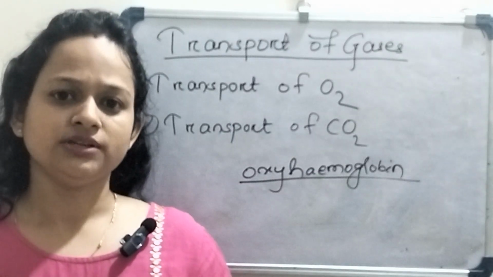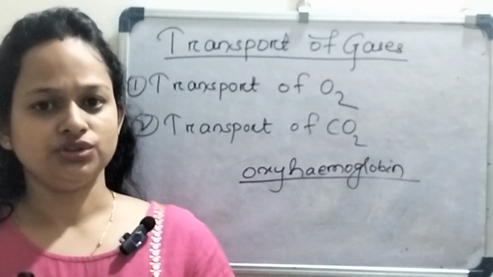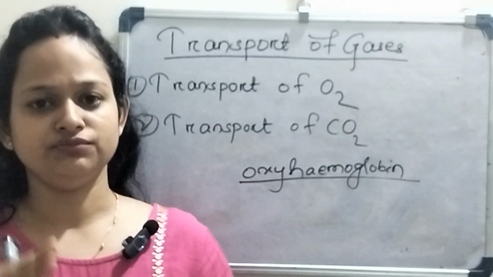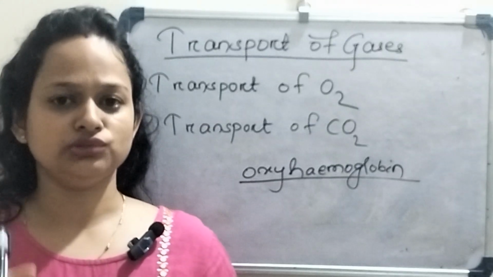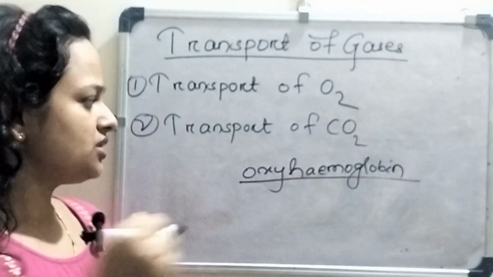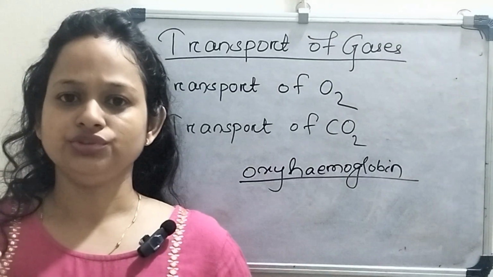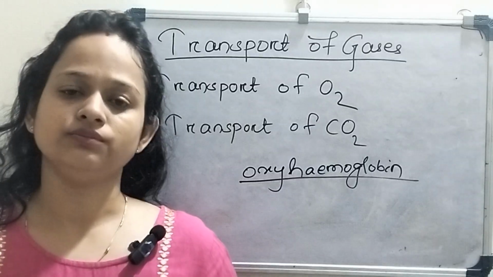The hemoglobin has a close affinity with oxygen, and one molecule of hemoglobin combines with 4 molecules of oxygen and forms oxyhemoglobin. In this form it goes to different types of cells through the blood.